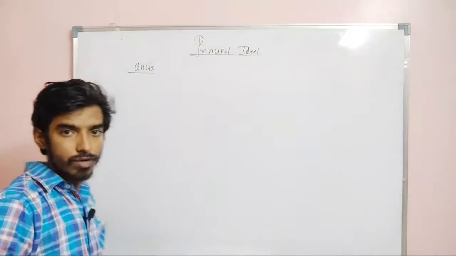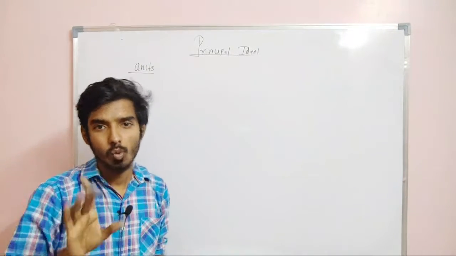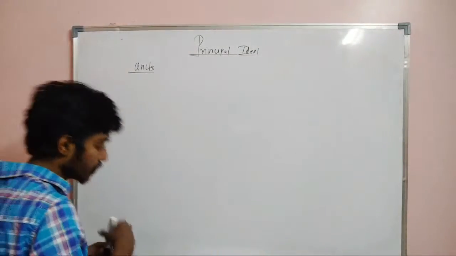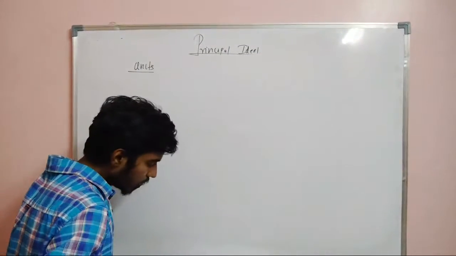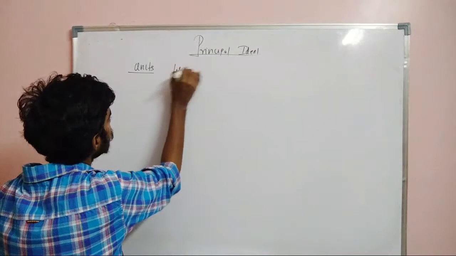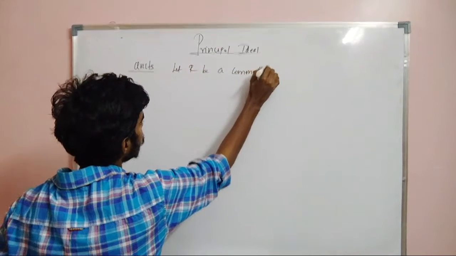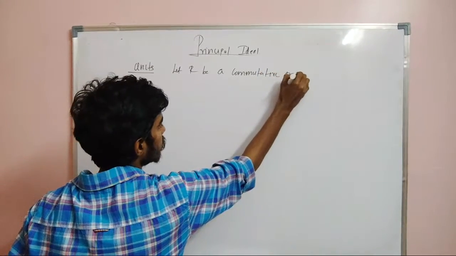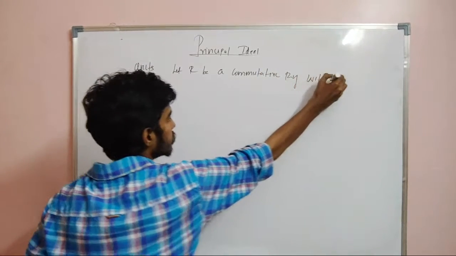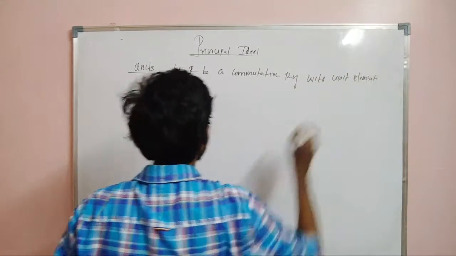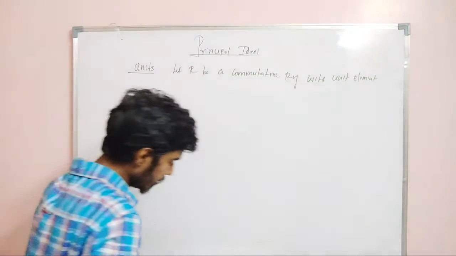Unity is different from units. Unity means 1. Units means, let R be a commutative ring with unit element.